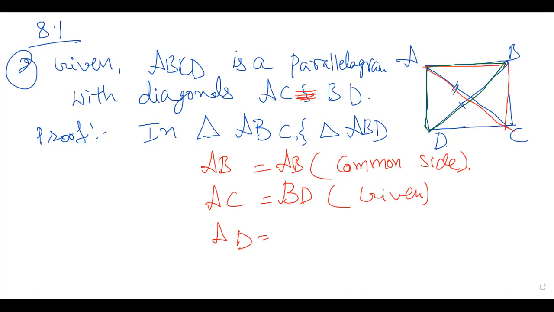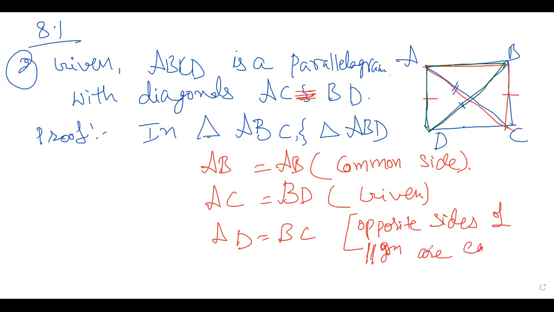So which sides are equal in a parallelogram? Can we write AD is equal to BC? Yes, AD is equal to BC. Why are they equal? Because opposite sides of a parallelogram are equal.